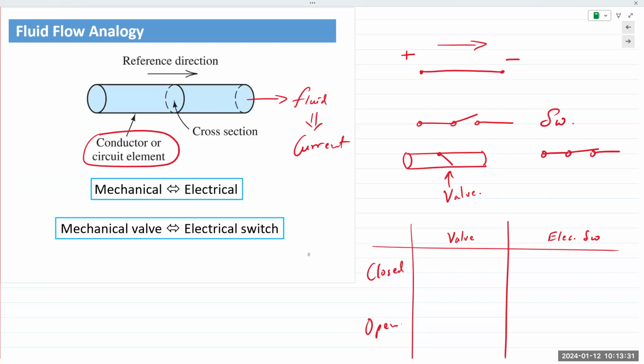Right? Now, current always needs a closed path to flow. If the pathway is open, current is not going to flow. And the most common example is right in front of our eyes, the AC electrical power outlet. Okay, a power outlet is an open loop. It is not closed, so current cannot flow through there. If you take a piece of wire and you stick it between the two openings in an electrical outlet, what's going to happen?